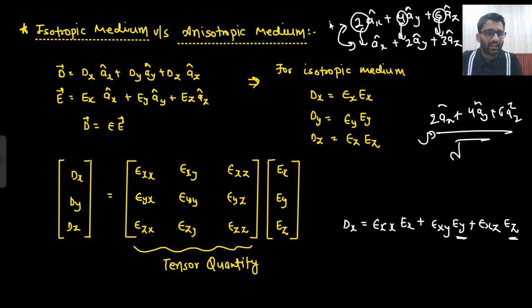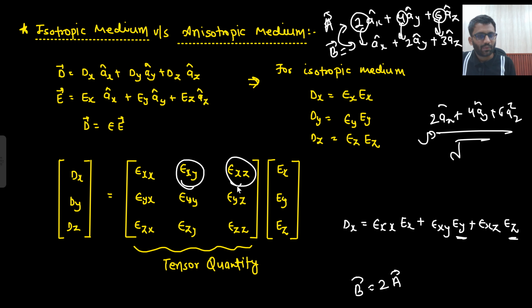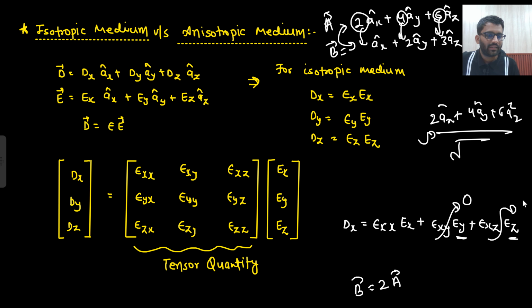Here, if this is your a vector and this is my b vector, then b vector equals 2a vector. If I need to write that D vector equals epsilon E, then certainly epsilon can be varying only in x direction. If these two components are 0, then I am okay with that. What I mean to say is that if this is 0 and this is 0, then it is fine. Are you getting this point?